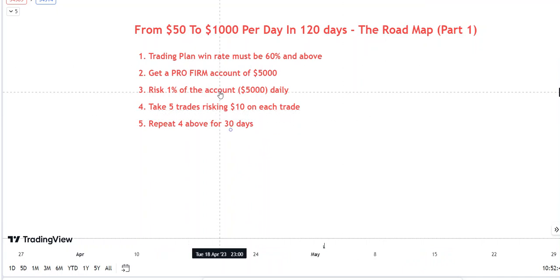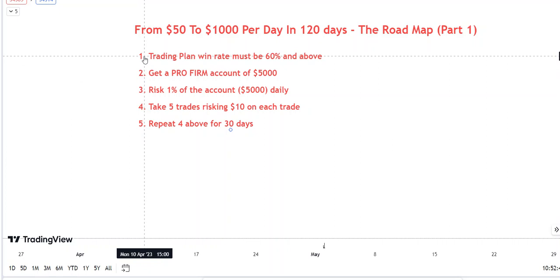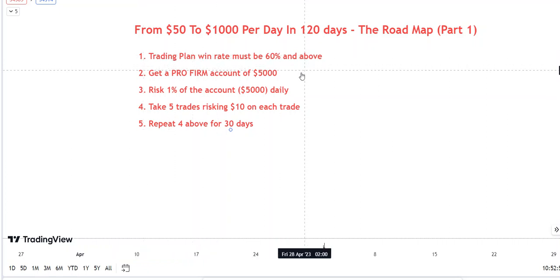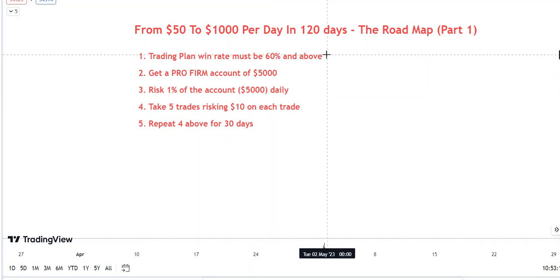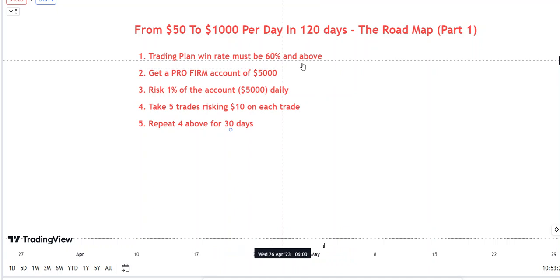The first one is, you must have a trading plan with a win rate of 60% and above. If you don't know what a trading plan is, that means you have really not started trading forex. You must backtest your trading plan very, very well, and make sure that in the period you have backtested, you have a win rate of 60%.